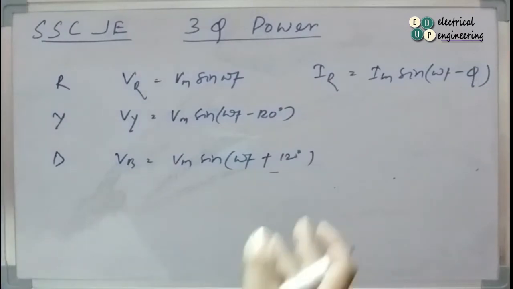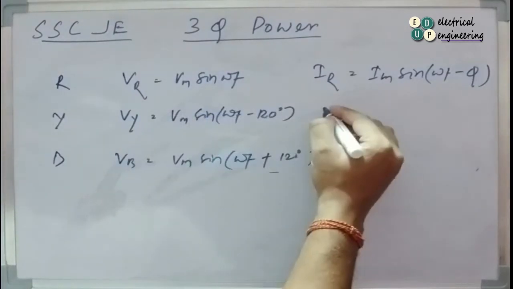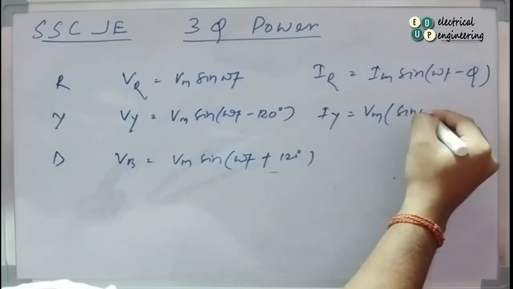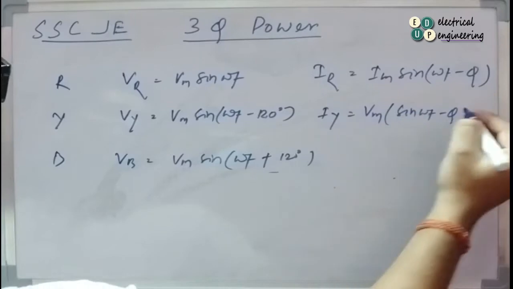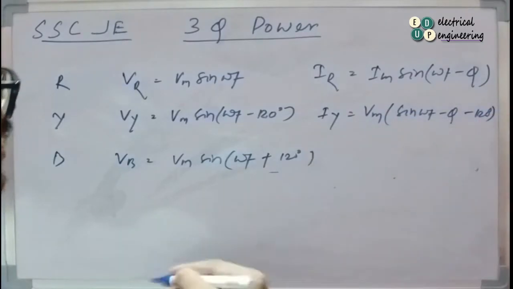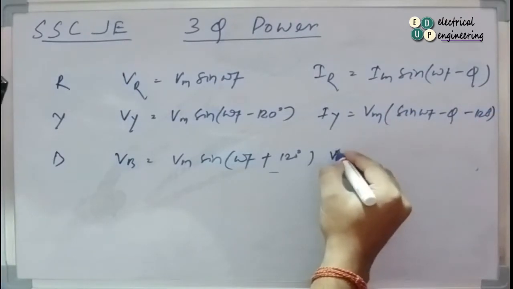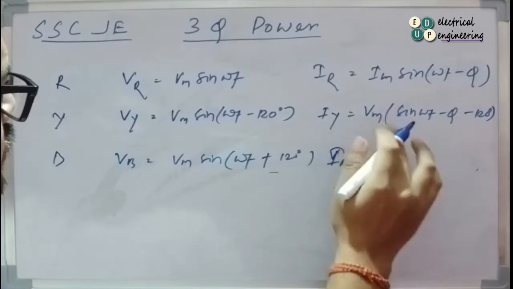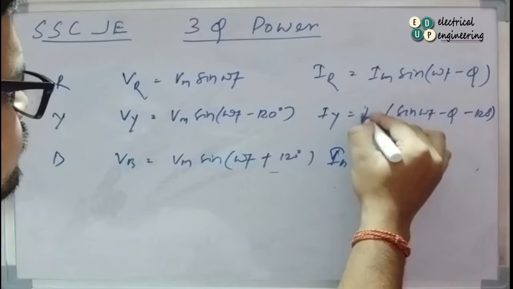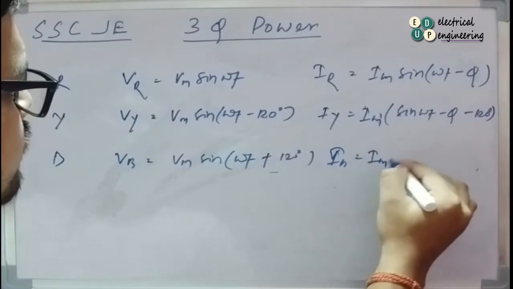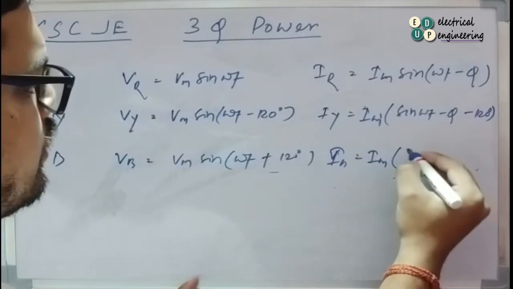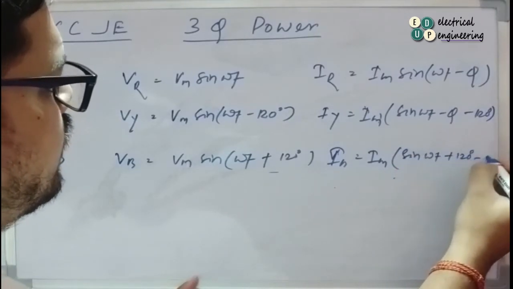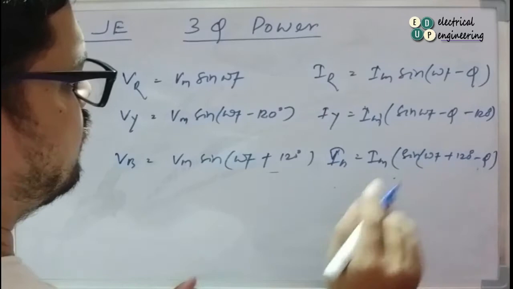So Iy you can write as Im sin(omega t minus phi minus 120 degree), and Ib you are going to get Im sin(omega t plus 120 degree minus phi). Got it?